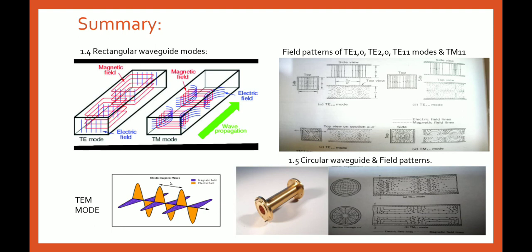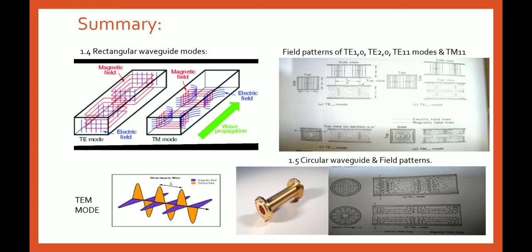So here at last we have the summary of what we learned in this presentation. We saw the rectangular waveguide, different modes: TE mode, TM mode, TEM mode. Then we also saw the different field patterns, some of the field patterns of TE10, TE20, TE11 mode and TM11 mode for the rectangular waveguide.